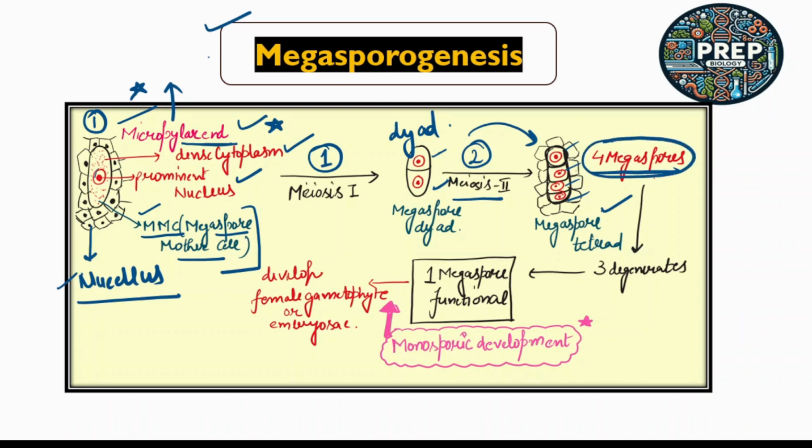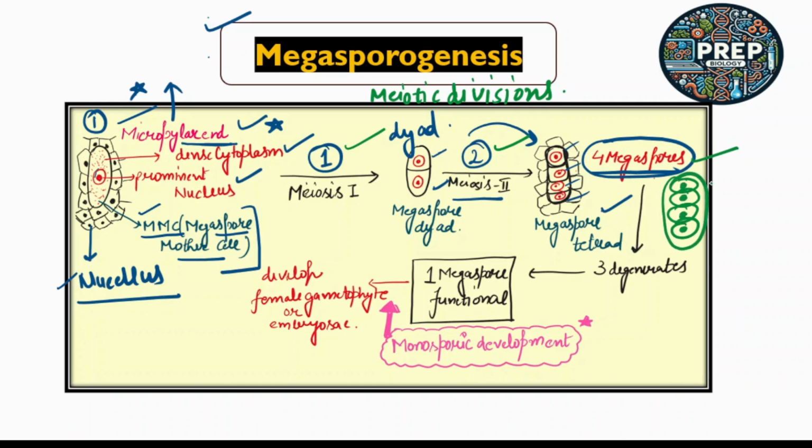Here two points are very important. Which kind of divisions occur in the megaspore mother cell or MMC? That is meiosis 1 and meiosis 2, that is, meiotic division occurs. So 4 megaspores are formed, that is called the megaspore tetrad, and each has a well developed nucleus in it.